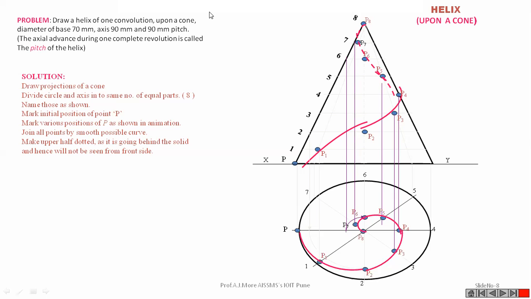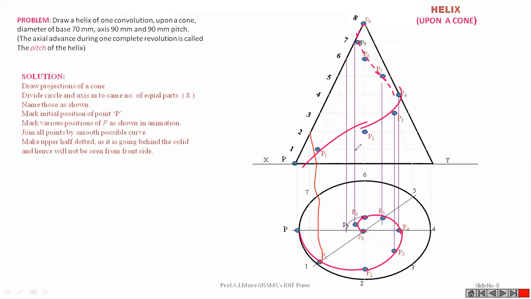This one point, I will say again, on the straight line. This one line is intersecting at C, and we have to take C downward.